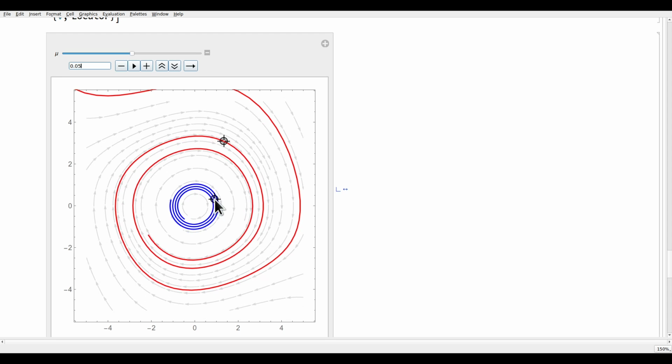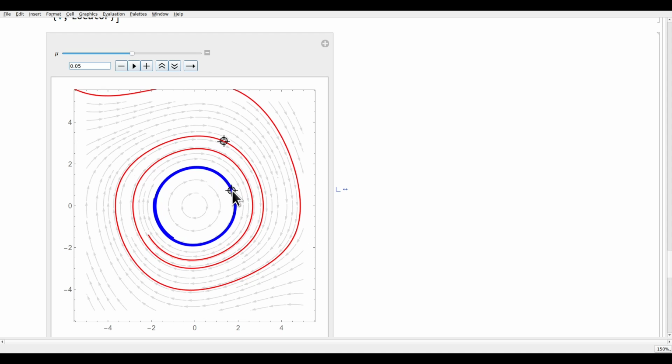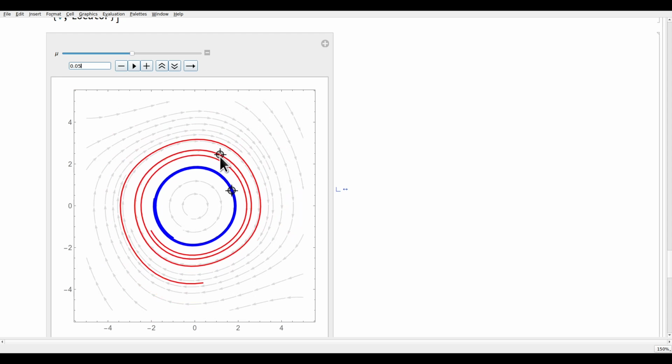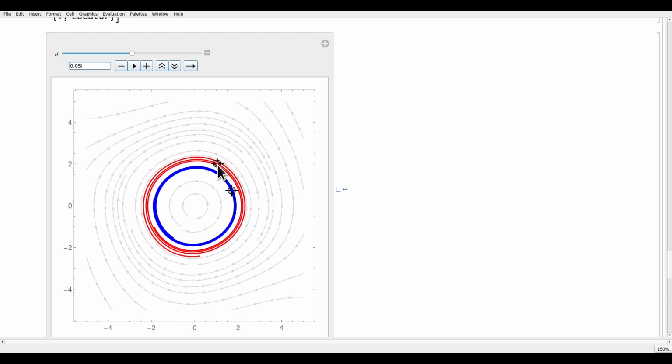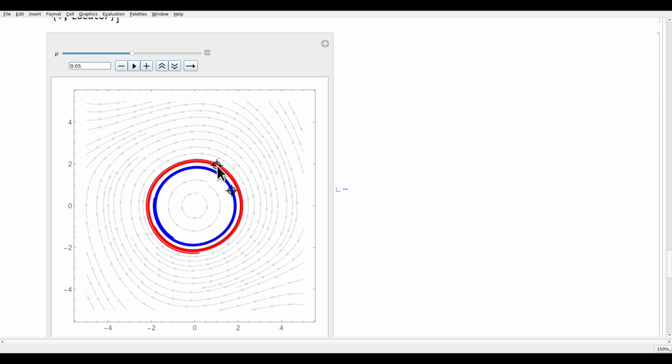If I grab my initial condition and move it out here a little bit, you can actually see that here it's very close to that stable limit cycle. If I move this initial condition, you can also see now I'm getting closer and closer to that stable limit cycle.